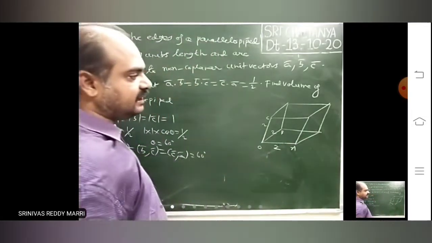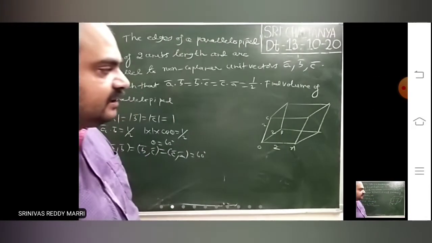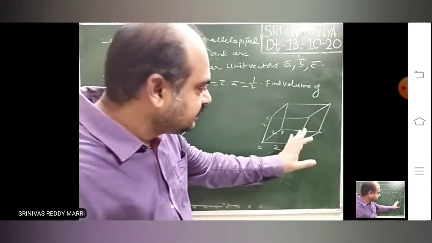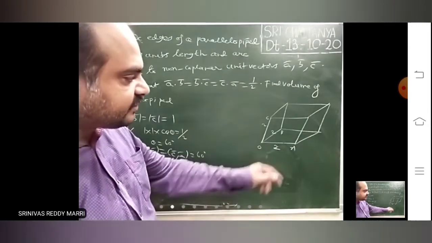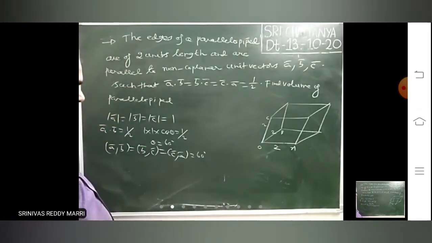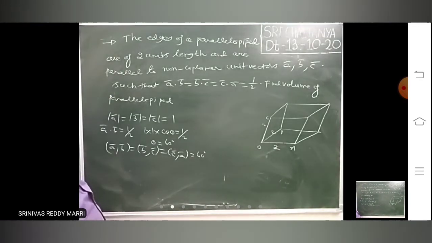That means in the parallelogram, each and every side will be equal. That means each parallelogram will become what? Rhombus. It is not a square, not 90 degree. So each parallelogram will become a rhombus.